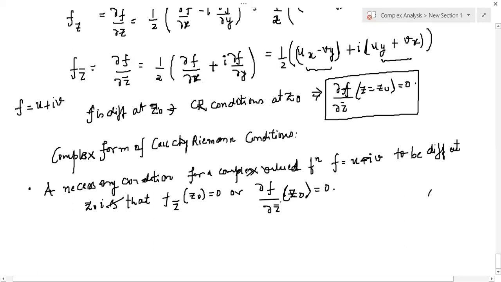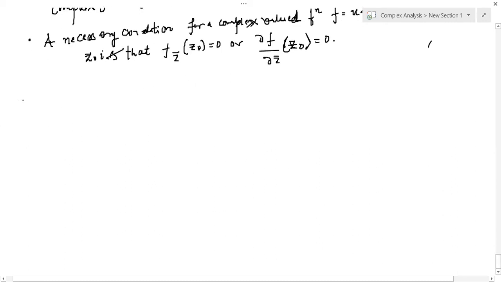So always remember that now further, I know that if f is differentiable at a point z naught, then Cauchy Riemann conditions must hold. And if Cauchy Riemann conditions are holding, it implies that at that particular point z naught, del f upon del z bar must be equal to 0.